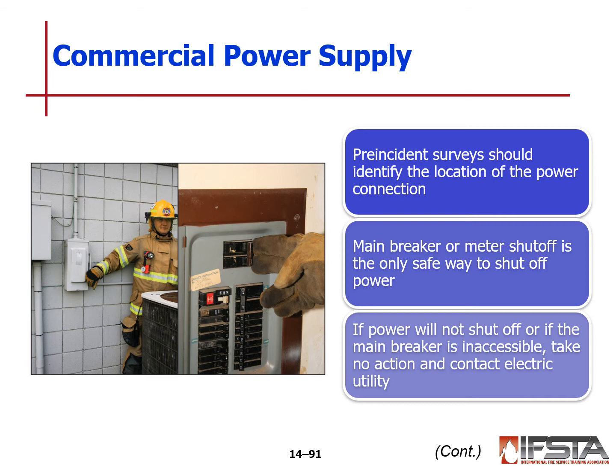If the power will not shut off, or if the main breaker is not accessible to us, take no action, and then we'll contact the electric utility or the electric company. Typically, in most cases, we will call the electric company. We'll have them en route to shut down the utilities and pull meters. If we need it done prior to their arrival, we will try with the main switches first, and if that does not work, then we will rely on them to complete the action.